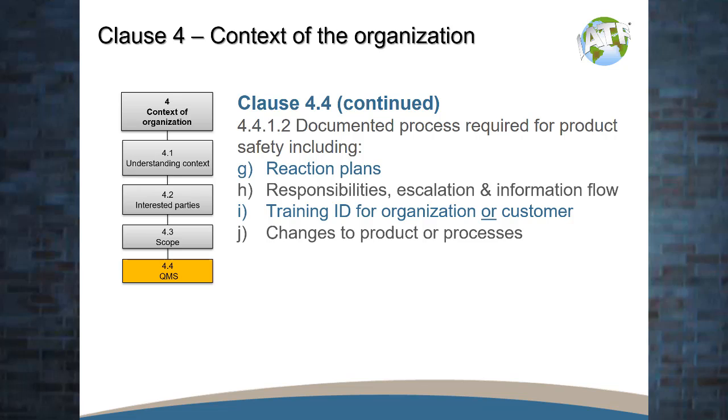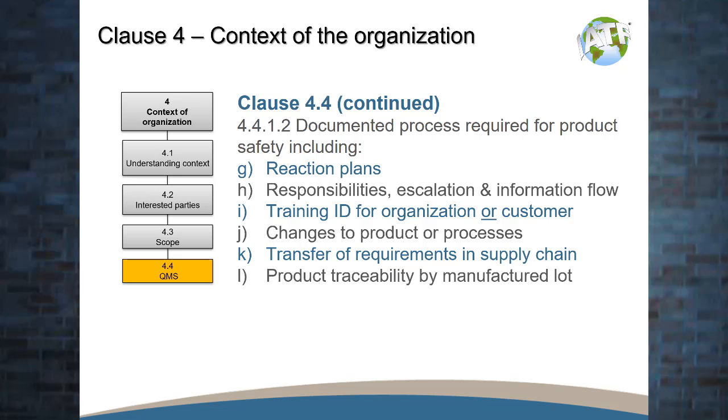Changes to products or processes that might impact product safety. Transfer of requirements, let's say from one supplier to the next or from your operation to an outside external service provider.